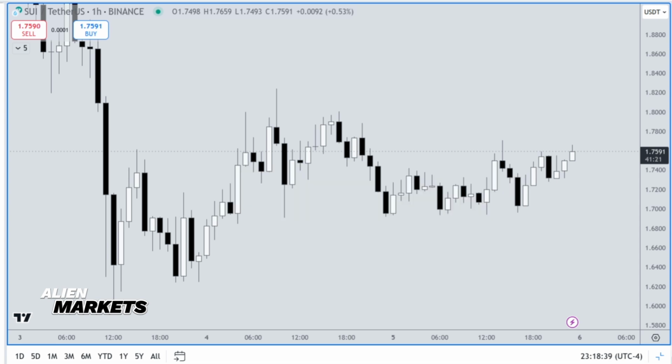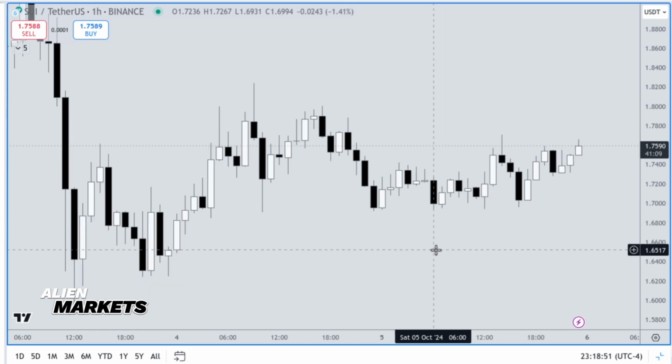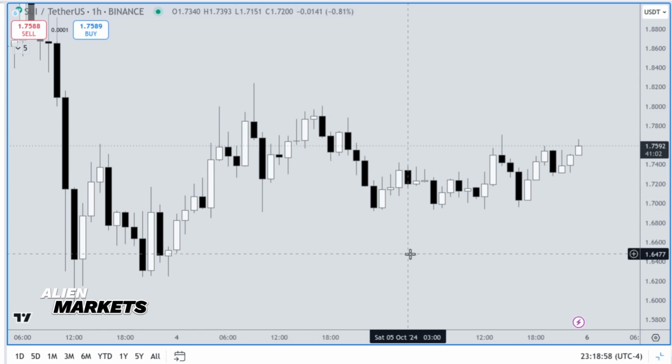Today I would like to talk a little bit more about outside bars and outside ranges. I've been receiving a lot of questions about my model and how I anticipate the moves I anticipate.